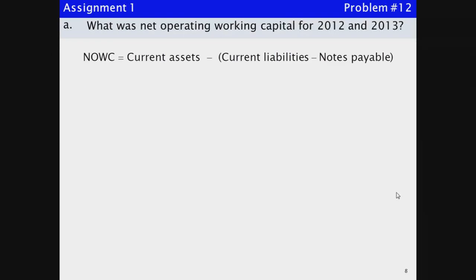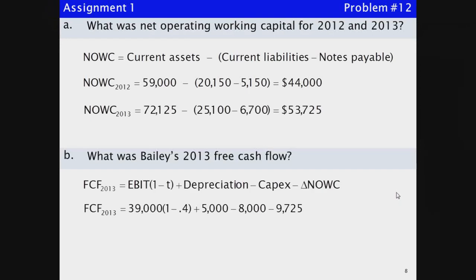Okay? We subtract increases in spending on CapEx, and then we have to subtract any increase in net operating working capital. It went from $44,000 to $53,725. That increase is a cash outflow. So we subtract it, and we get free cash flow for 2013 of $10,675.